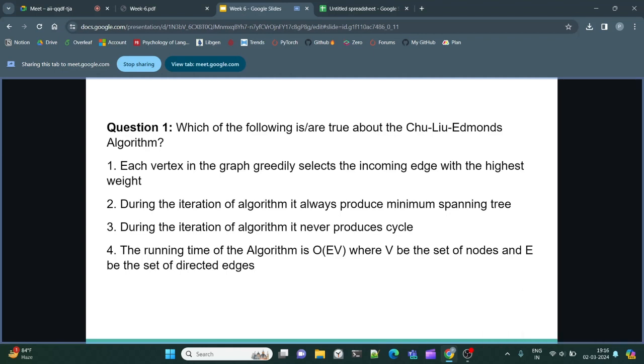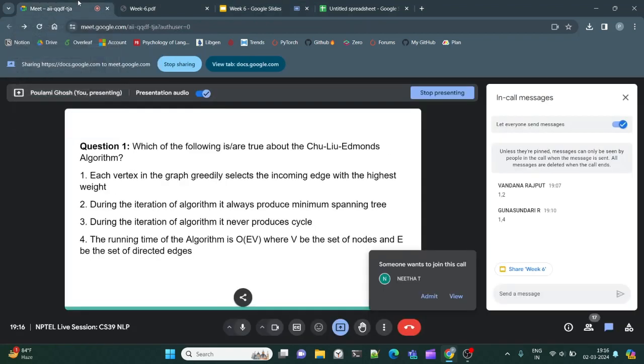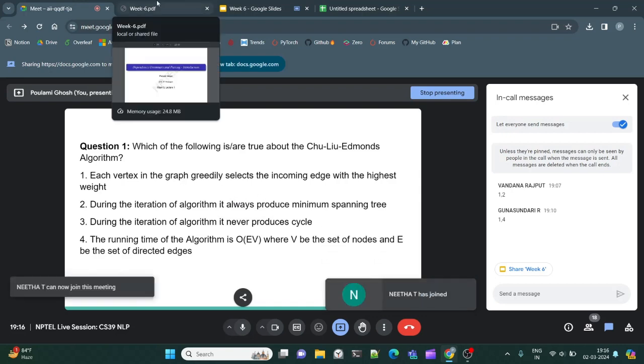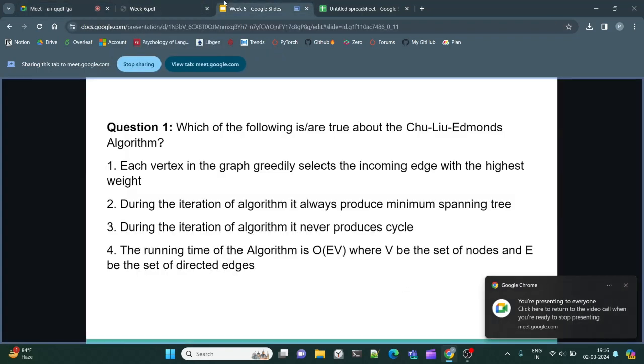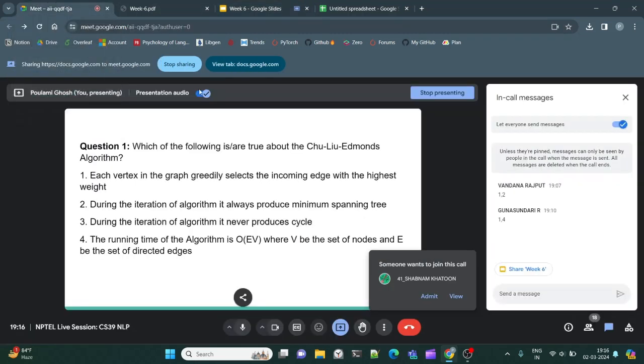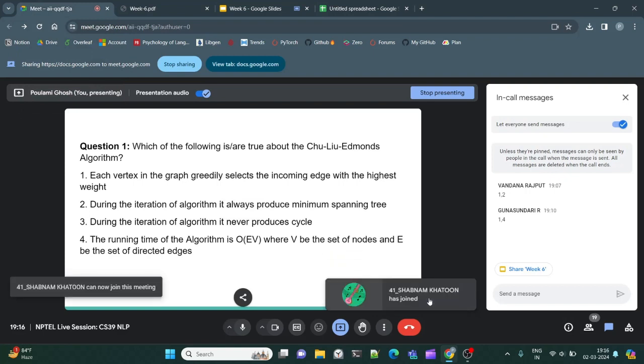However, the third condition may or may not be maintained. If there is no cycle, then we have a minimum spanning tree. However, if there is a cycle, we need to further iterate over the algorithm and see what we can do about it. Is it clear now? Yes, ma'am. Okay.